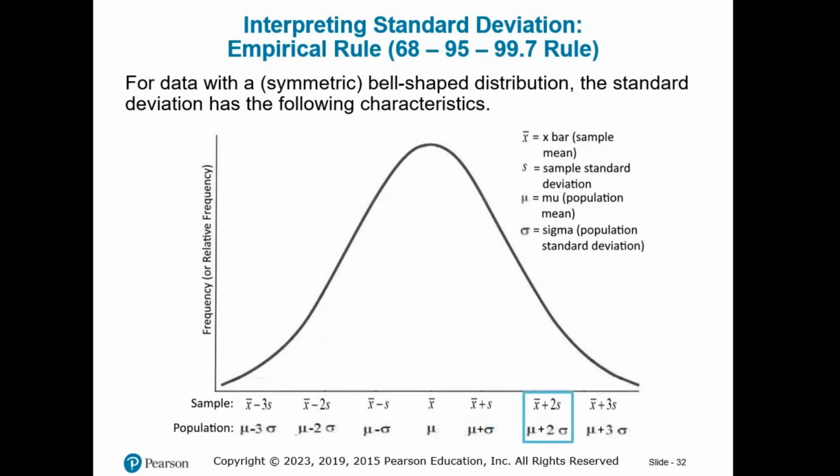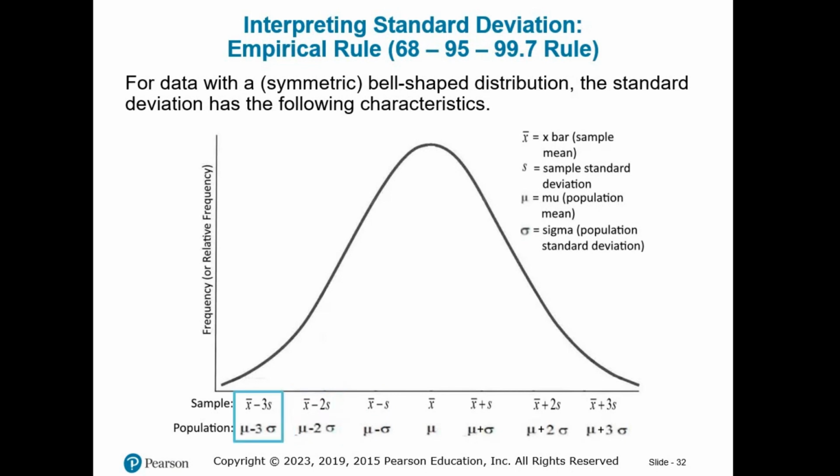If you move out one more, you are at the point 2 standard deviations above the mean. So it says X bar plus 2S, or 2 standard deviations, and so on. This also works the same way on the other side of the mean, except we are subtracting standard deviations from the mean. The second one is subtracting 2 standard deviations, and the third is 3 standard deviations away from the mean.